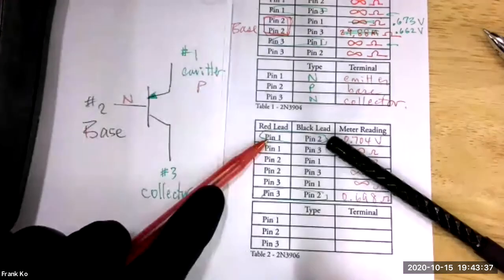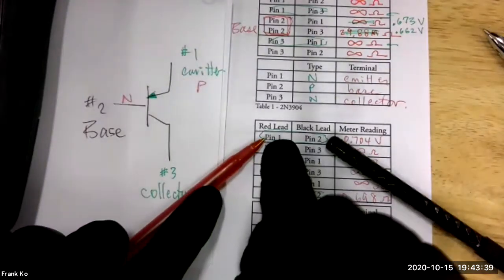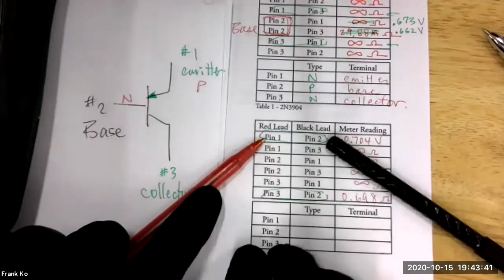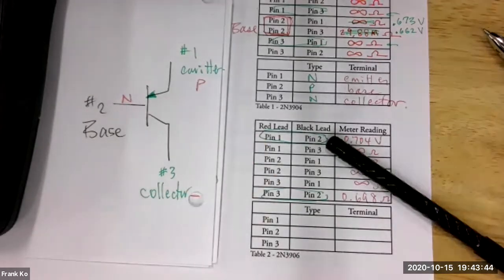The base must be N-type material. It tells you pin 1 must be P-type material because you have forward biasing. That's how you conclusively tell. Because I can give you another transistor that has no numeric relationship to these whatsoever, and you have to do the same test, the 1, 2, 3 test, and you need to decipher what it is. That'll be part of next week's practical quiz. You will do that and demonstrate that. Okay.